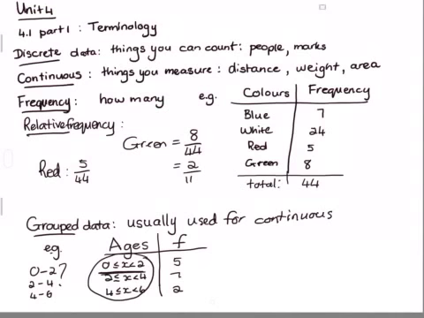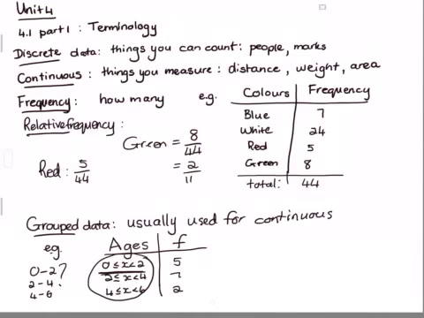So that's grouped data. That means we know there are 5 children under 2 years old, but we don't know their exact ages. So it's usually used for continuous, because if you took children under 2, some could be 1 year, 6 months, some could be 1 year, 6 months, and 1 day.